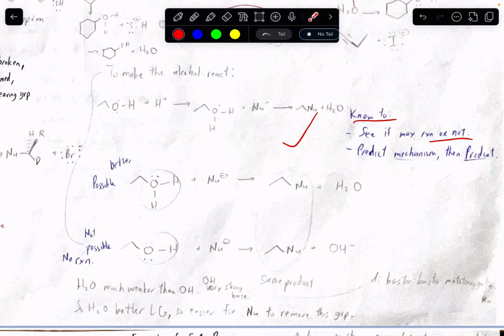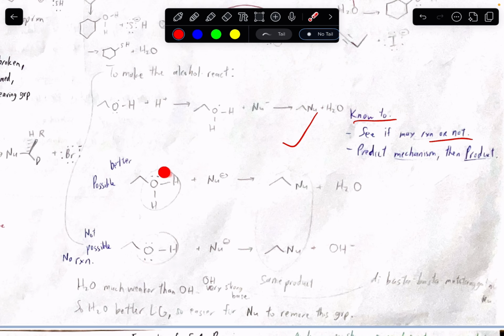So water is a better leaving group. Here, the OH is a strong base, right? And as a leaving group, it's not a good one since it is a strong base. It is a good nucleophile, but right now the OH is not acting as a nucleophile. Usually when you see this kind of reaction, it will not react anymore.